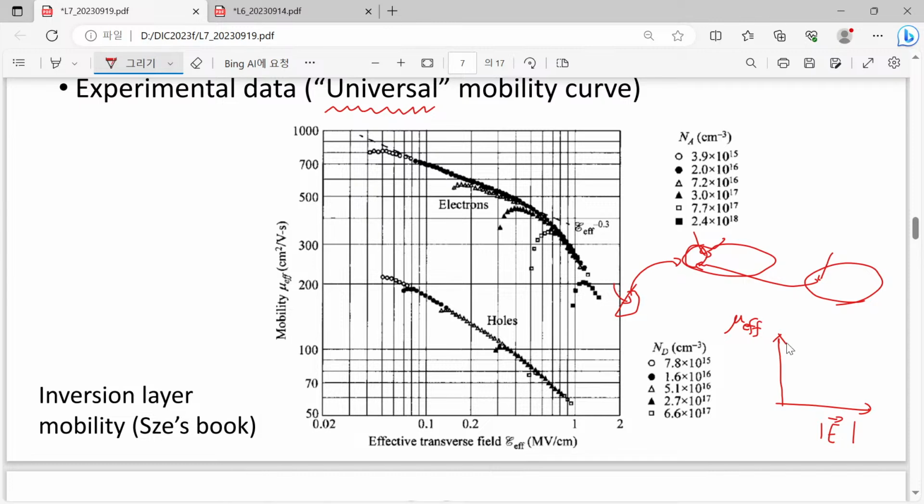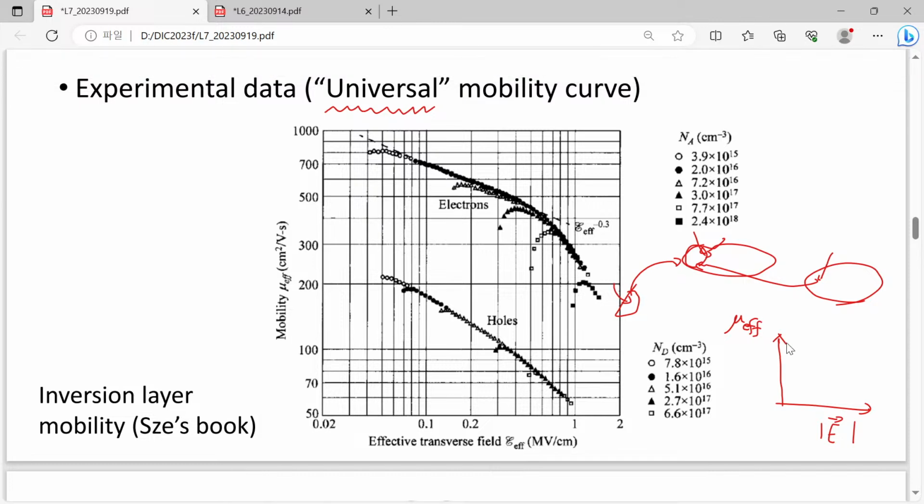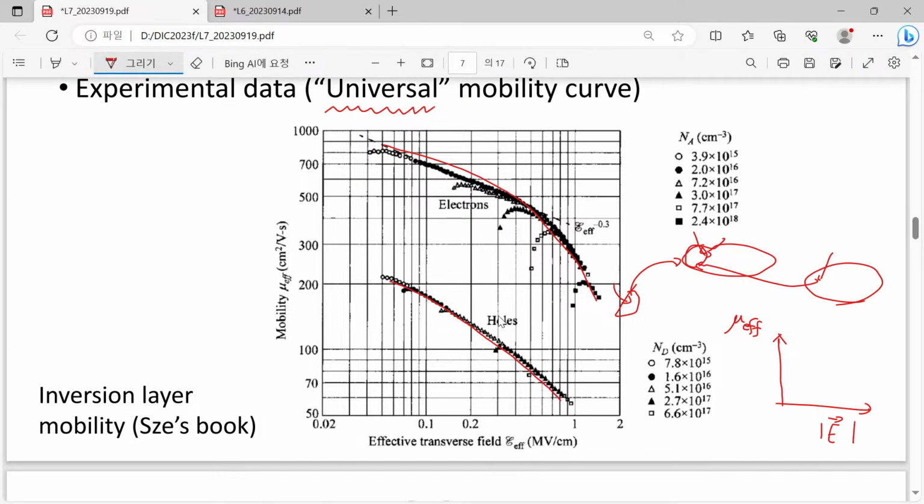When the researcher drew the curves from the Japanese, American, and European fabs, he found that all of them fell on this one curve for electrons, and all of them fell on this other curve for holes. That was experimentally discovered.